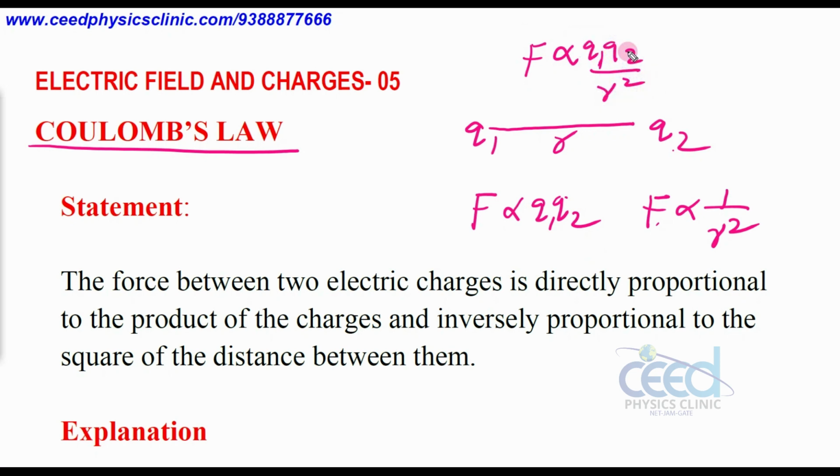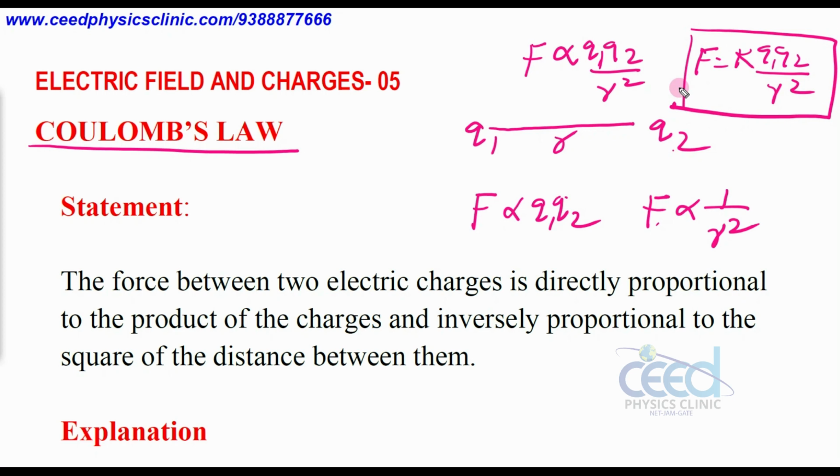We can remove this proportionality by inserting a new constant k, so F is equal to k q1 q2 by r square. This is the general expression for this force.